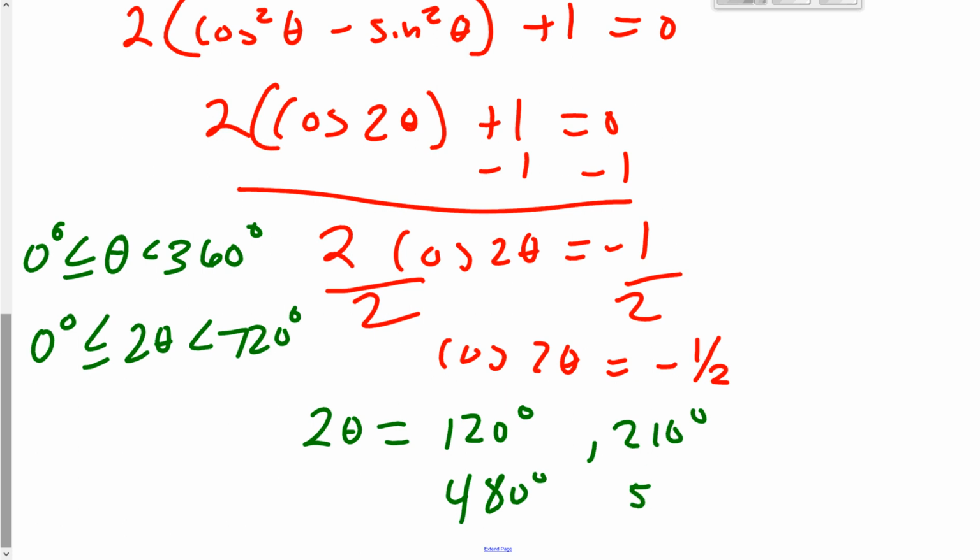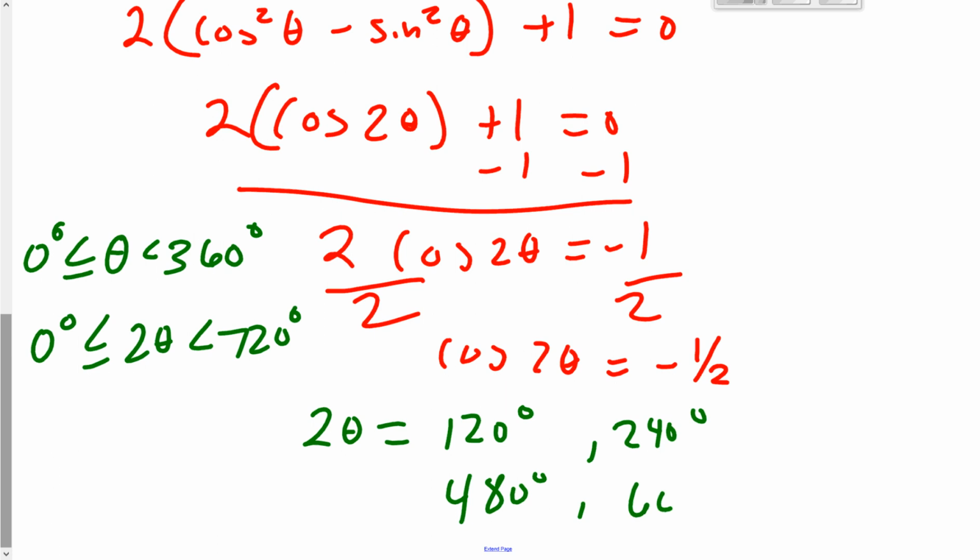Oh, but not 210, sorry. Not 210, 240. 180 plus 60 is 240. So add that 360 to that real quick. So that's 600.